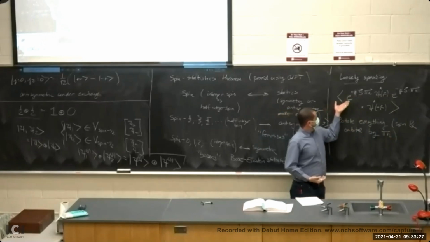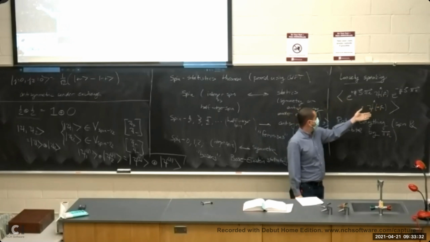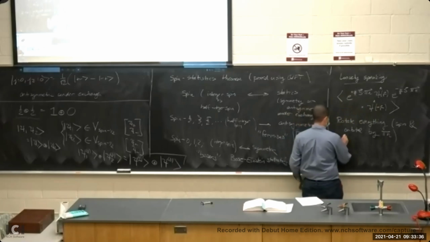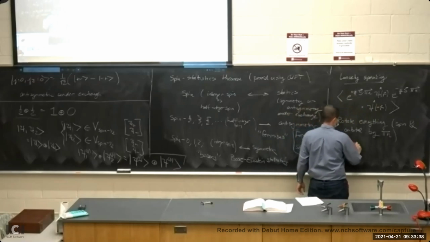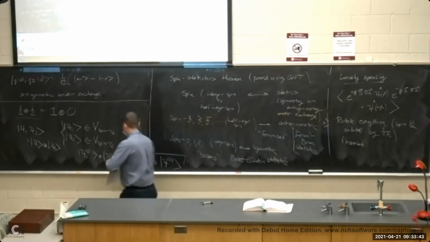And the statement is, this object should be invariant under that rotation. This should be a scalar object, and it shouldn't change if I rotate it. It should be invariant. So what do I get if I do that?